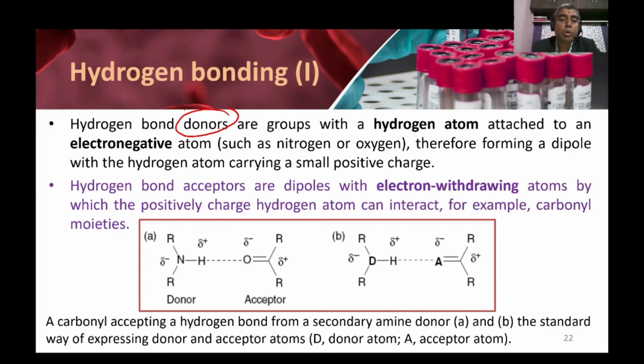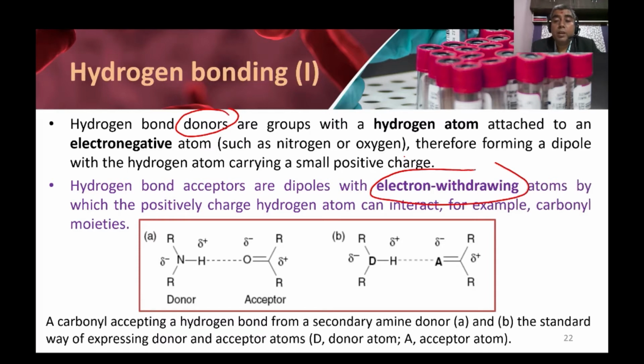While hydrogen bond acceptors are dipoles with electron withdrawing atoms with which the positively charged hydrogen atom can interact.